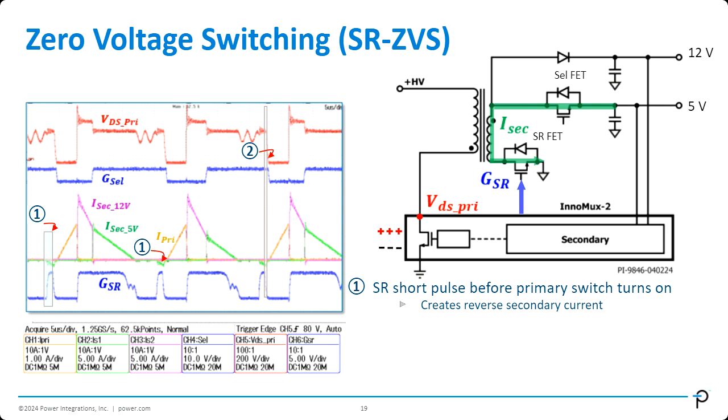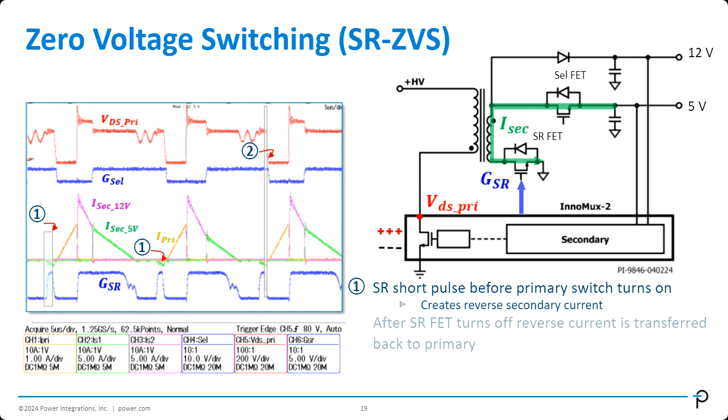What this does is create a reverse current on the secondary side of the circuit, the green one over here. If we look at the waveform, when we turn on the SR FET, we can observe a reverse current on the green current waveform on the secondary side. Why do we need a reverse current?